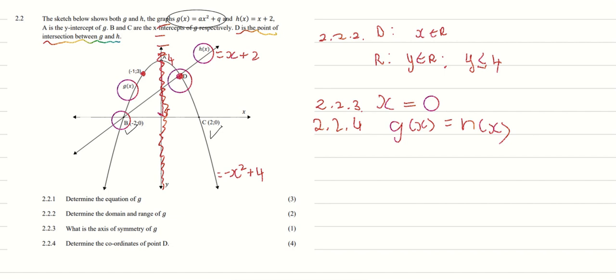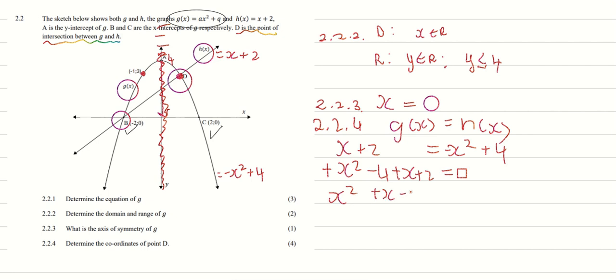Now we solve. We set h(x), x plus 2, equal to g(x), negative x squared plus 4. Let's bring everything to the left: x squared minus 4 plus x plus 2 equal to 0. So x squared plus x minus 2 is equal to 0, and then we factorize this trinomial.